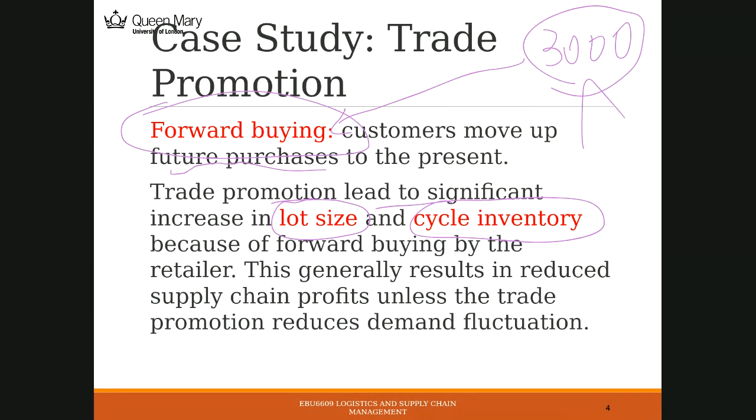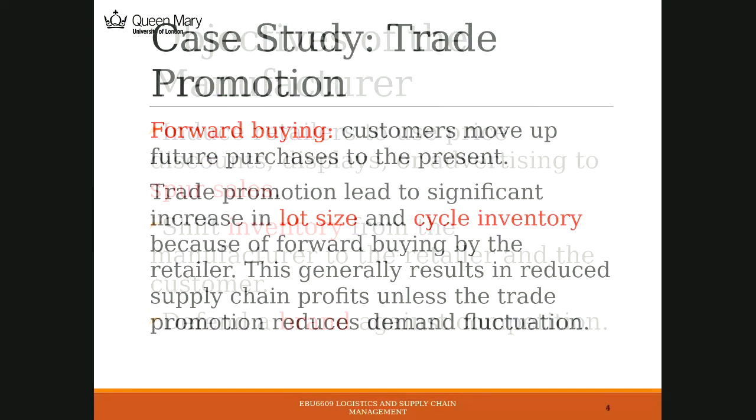Then what would you do? Try to think about the impact on your supply chain. This usually results in reduced supply chain profit because you have to pay for the warehouses. And then how can you actually deal with it?